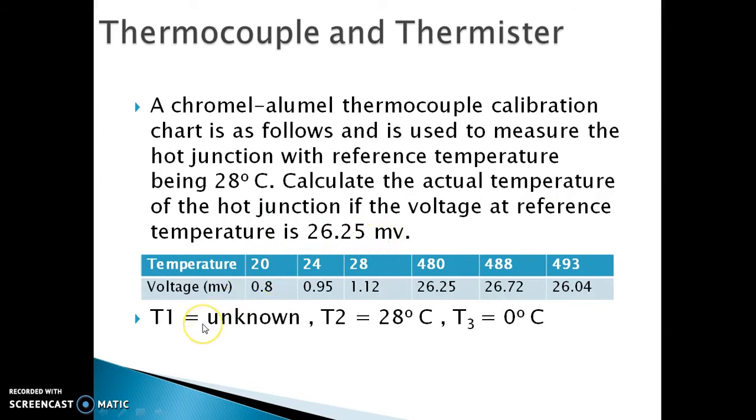So we have the value of E1, that is at temperature T1, as 26.25, plus from the table we have taken for 28 degrees Celsius 1.12, and we have got an EMF which is generated as 27.37 millivolt. This EMF which is generated is then given to the next unit to calculate and give to the further application.